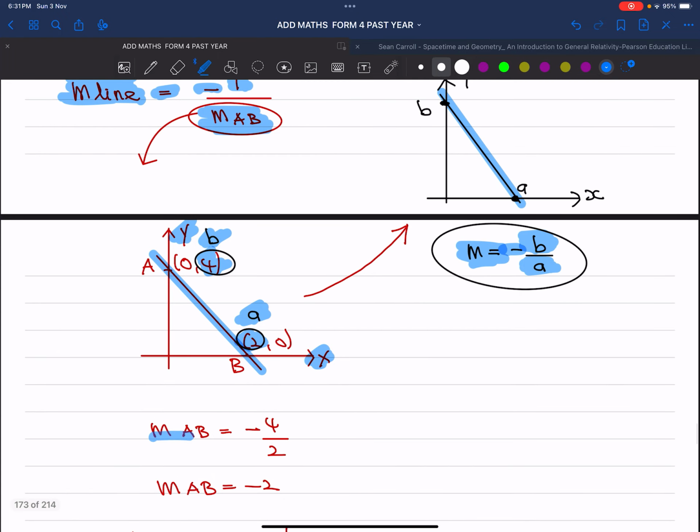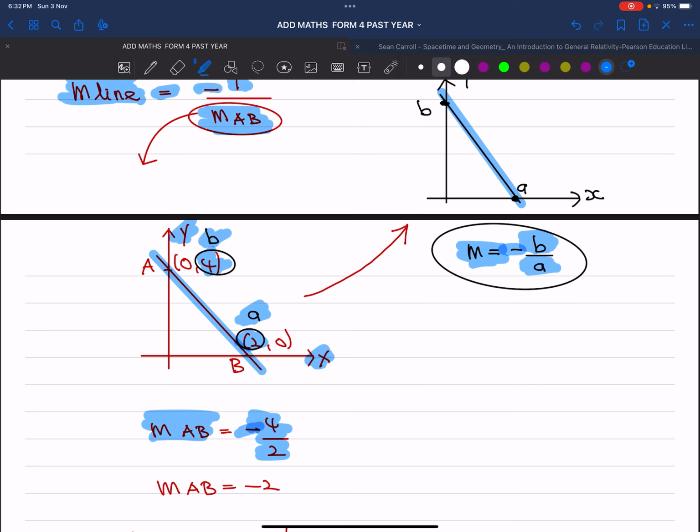Therefore, the gradient of AB must be negative the y-intercept 4 over x-intercept 2, which is negative 4 over 2. We are using the formula negative y-intercept over x-intercept.